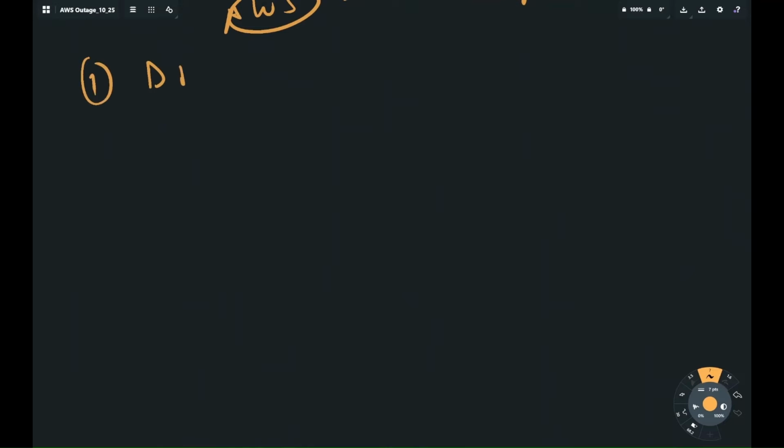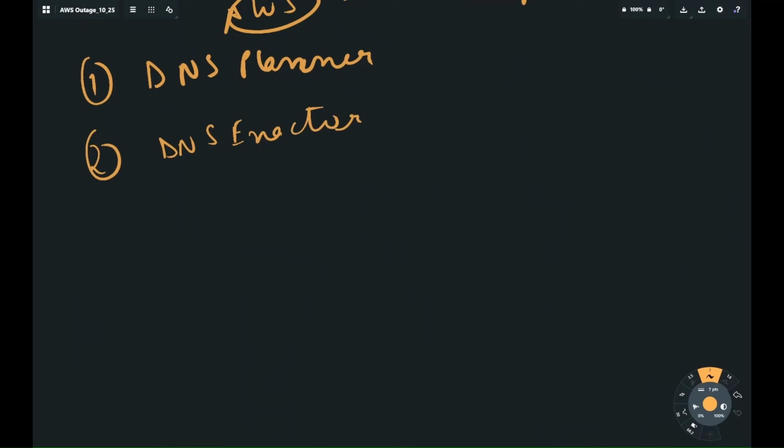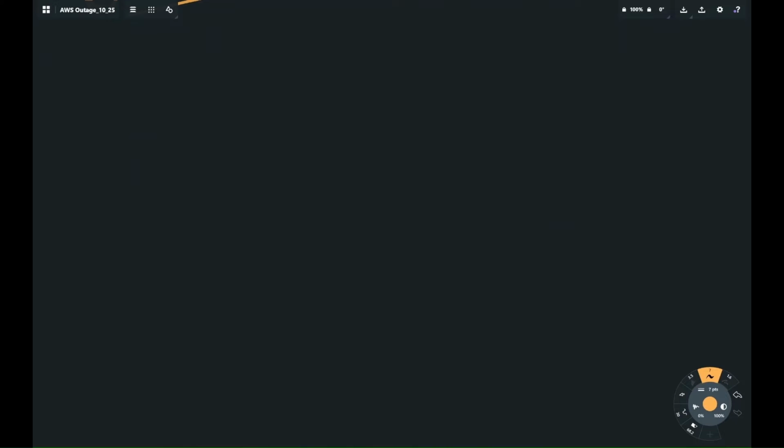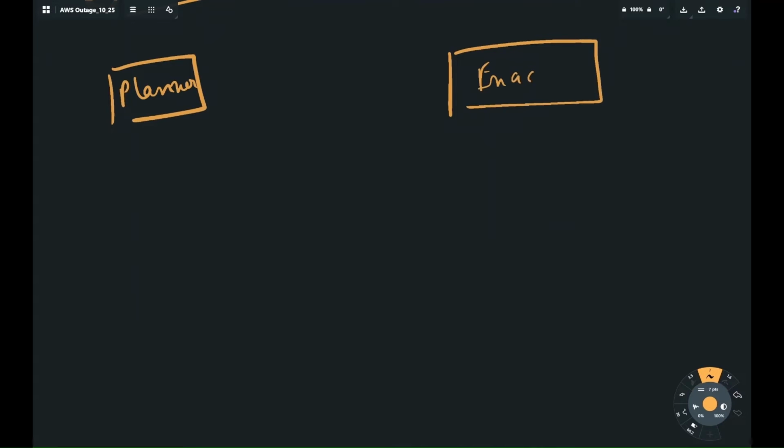One is the DNS planner and second is the DNS enactor. To understand their automated system, let's say this is the planner, and this is their enactor. Now these are their multiple DB servers.